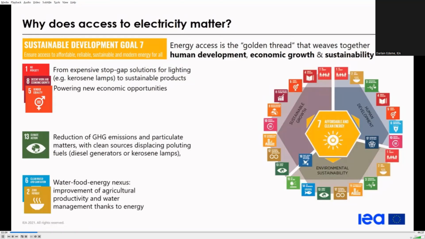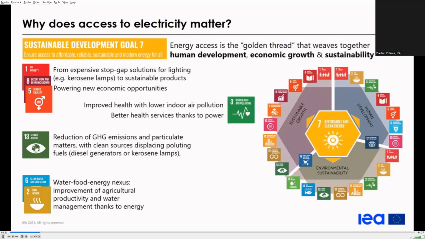SDG 7 and energy is also very much related to SDG number 6 and 2 under the water, food, energy nexus, since we can improve agricultural productivity and water management thanks to energy.